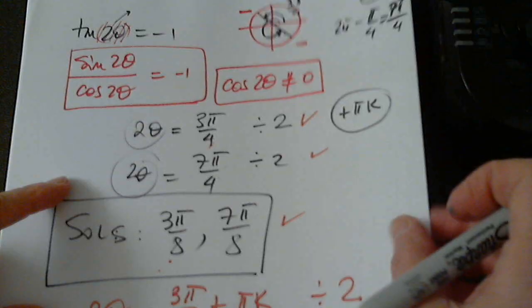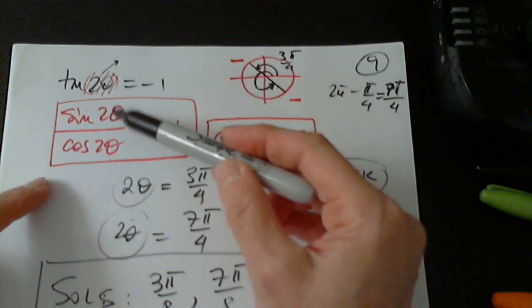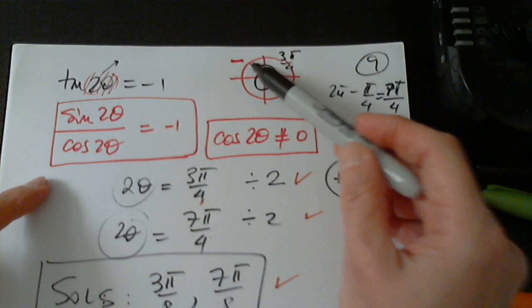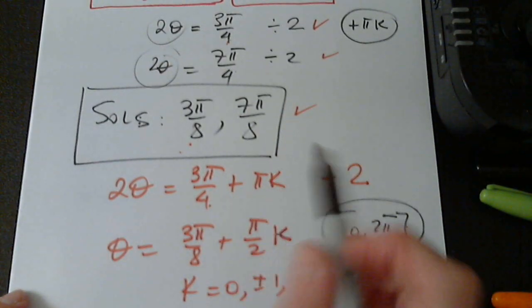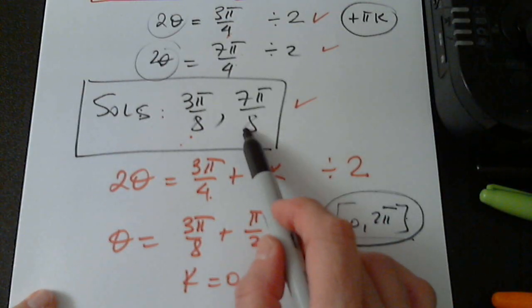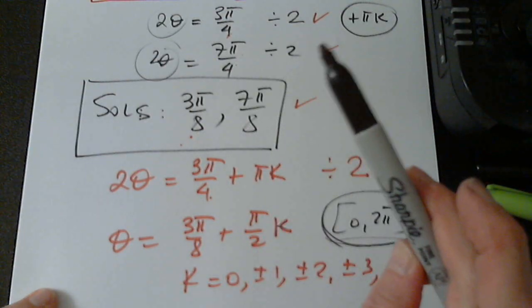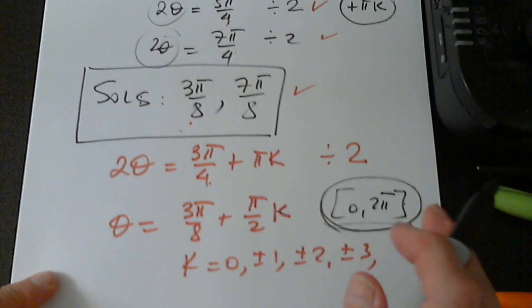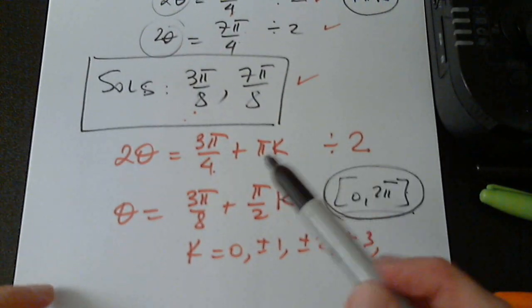So for 2 theta, these are the options. But we have to find more angles, because these are small, tiny angles, and they are asking us 0 to 2 pi. You're correct.